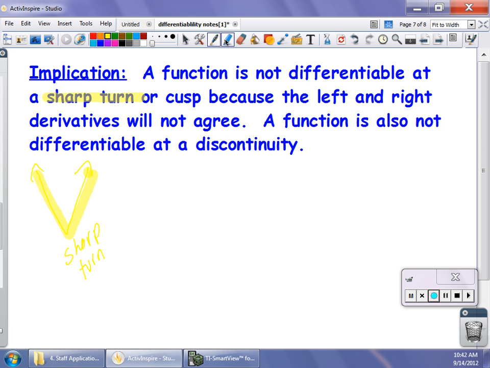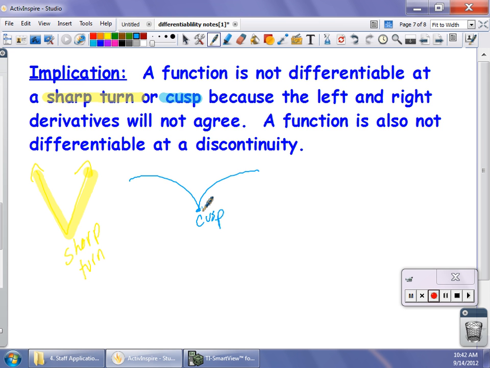A function is also not differentiable at a cusp. A cusp is kind of like a dimple, and that would be like the bird function. We have a cusp here. The function is not differentiable at the cusp.